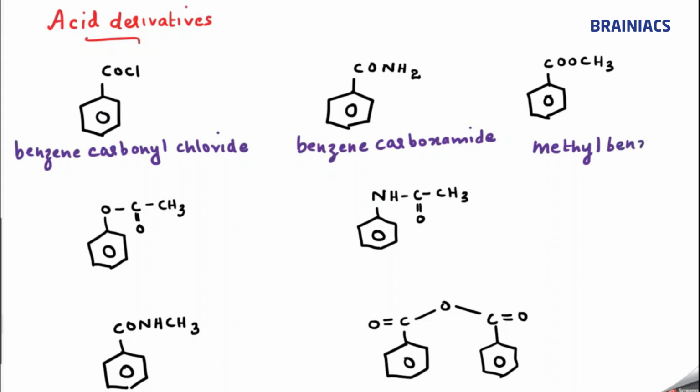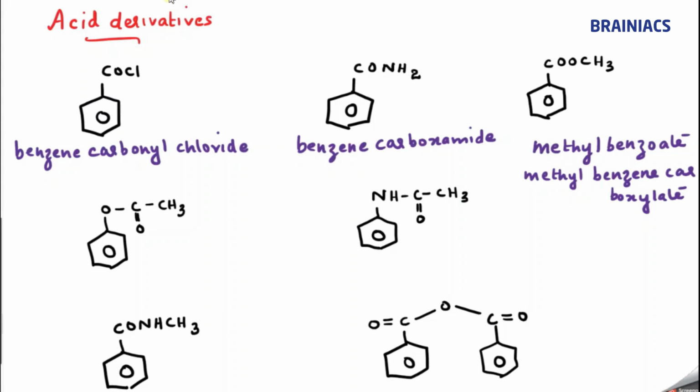Either we can say benzoate, or the more correct one is methyl benzene carboxylate. Okay, please write together. Both are correct. Methyl benzoate, alkyl alkanoate. Since it is a benzene derivative, we say benzoate. Or the more correct one is methyl benzene carboxylate.